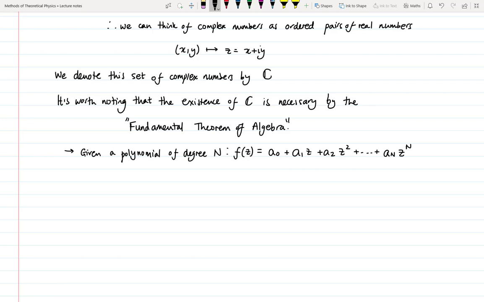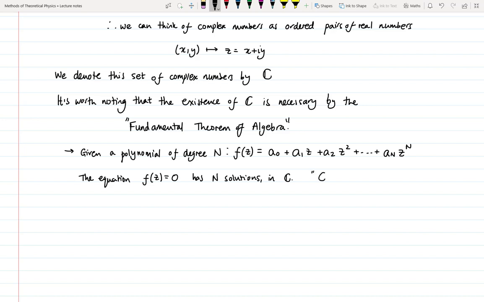So given a polynomial of degree n, we then consider the equation f of z equals 0. This equation has n solutions. And those solutions are in the set of complex numbers. So in other words, the existence of complex numbers is a requirement for this statement to hold.